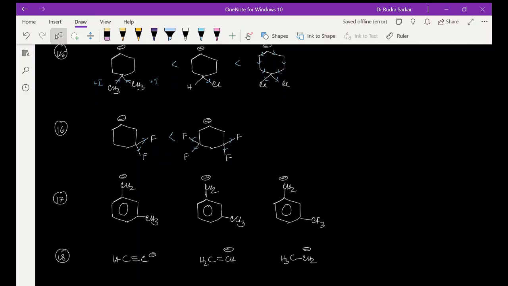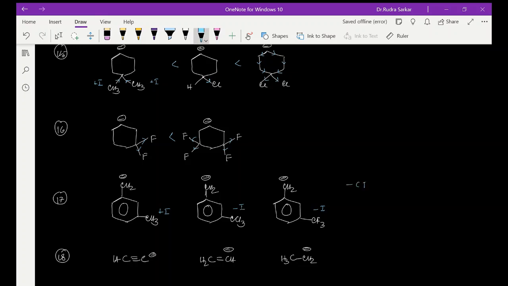In case of CH3, in question number 17, CH3 is having plus I effect, but this is showing minus I group electronegativity, and this is also showing CF3 minus I group electronegativity.